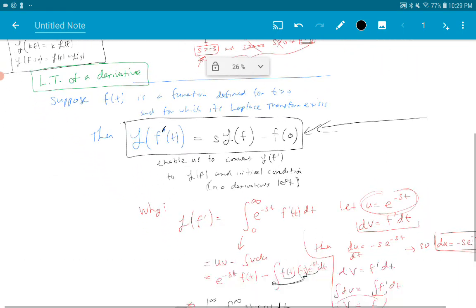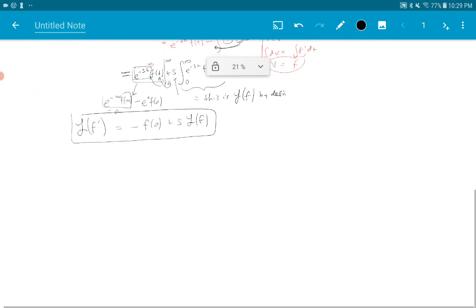So scroll way down here. Here's an example. Let's start with a simple differential equation, something we probably saw back in the first couple weeks of this class. So consider this differential equation.